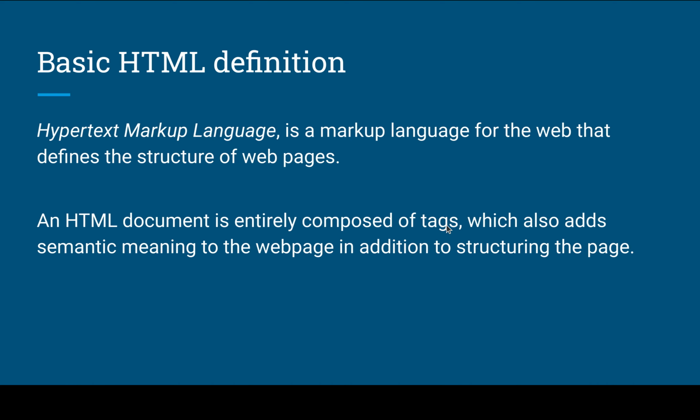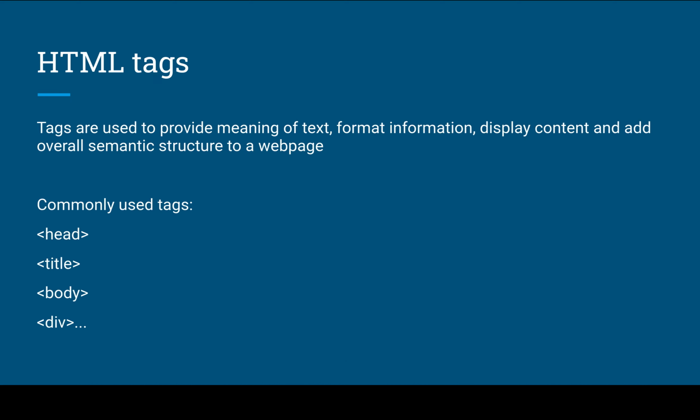There are some tags that, when you use them, by default, you can navigate to them with some keys on your keyboard, and they also have some accessibility options that will be enabled on your web page by using those tags, right? You can actually do some research and find out more on that. So basically, these tags also add semantic meaning to the web page, in addition to the structure, of course.